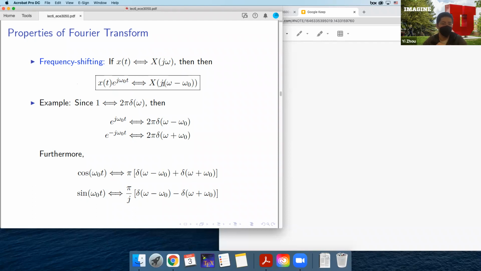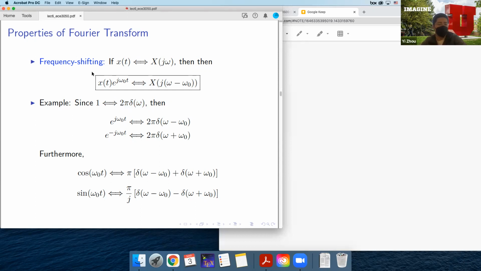In the following slides, we will leverage this property and discuss its applications in communication systems. We will see that very soon. These examples are applications of this property. In the table, we know that the constant signal 1 is paired with the impulse spectrum. This is a pair of Fourier transforms.